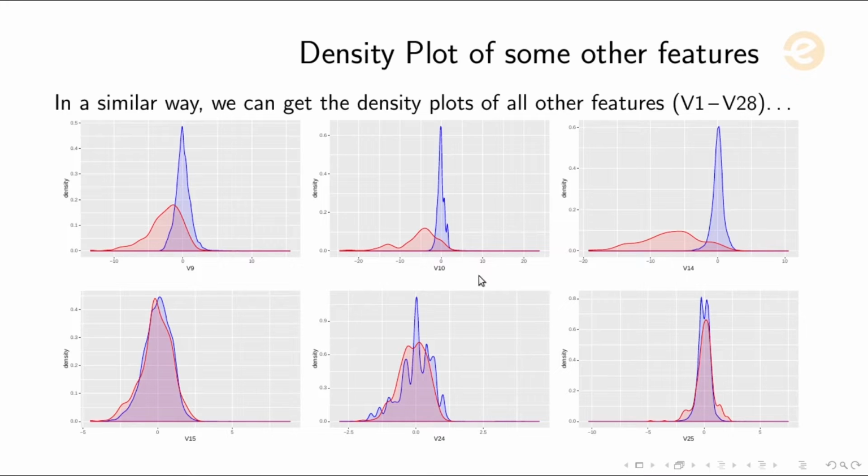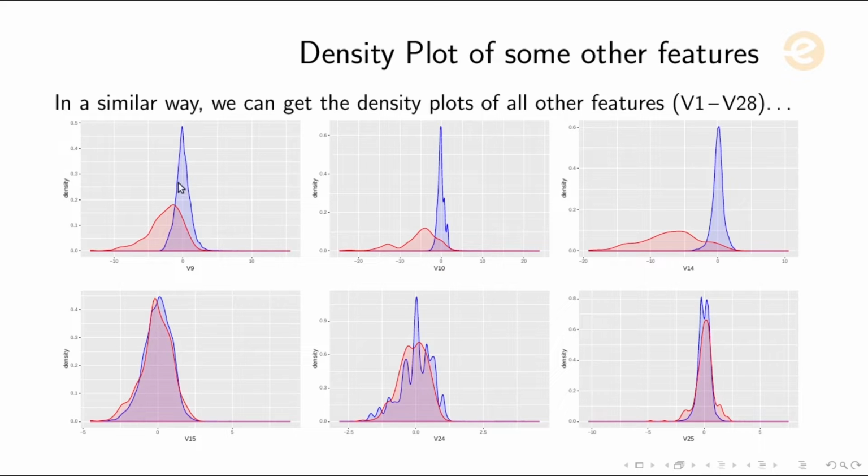So these are 6 features I selected at random, but we can notice the difference between the top 3 graphs and the graphs below. The main difference is that V9 and V15 are different because here the blue and the red are overlapped, they are almost identical, whereas here for V9 the blue graph, that is the legitimate transactions, stands around 0.